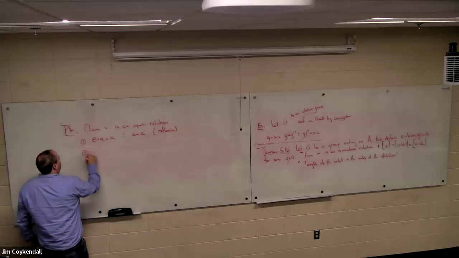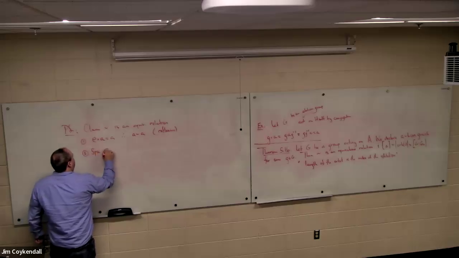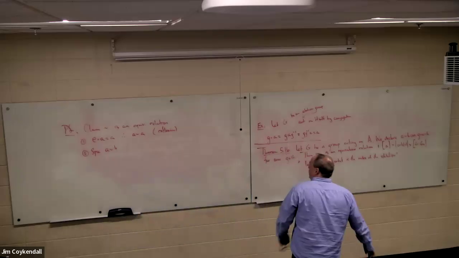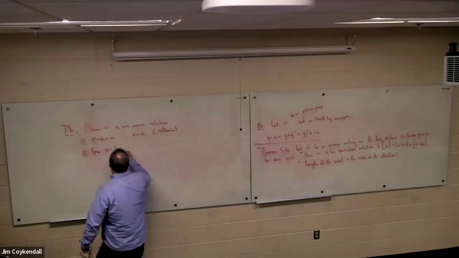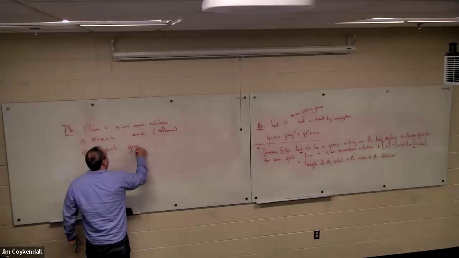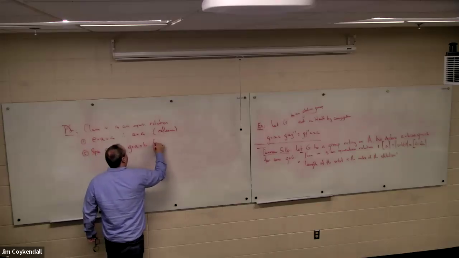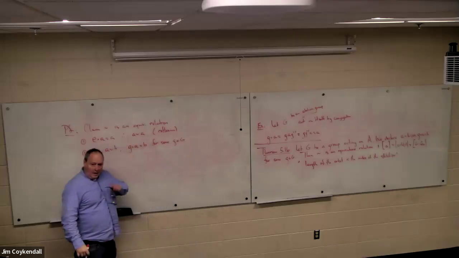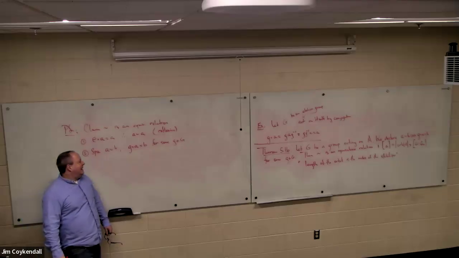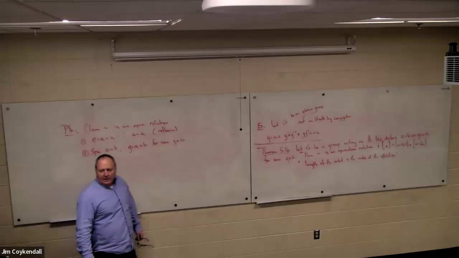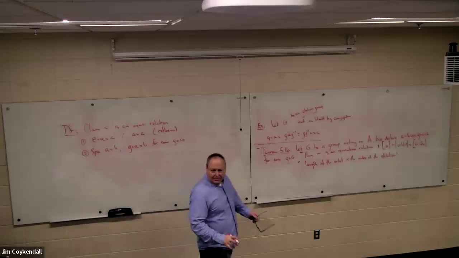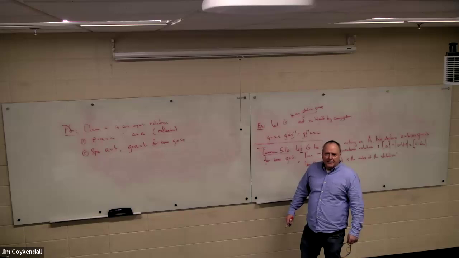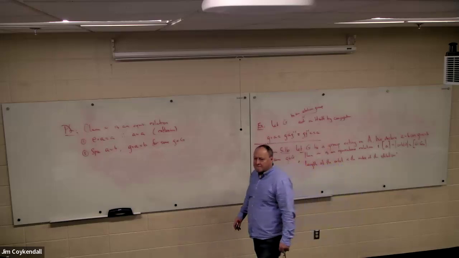Number two, suppose A is related to B. Let me check which way I did this one. Okay, so that means that g acting on A is B for some g in G. Great. Now, I want to get the turnabout. I want to get that B is equivalent to A. So how do I do that? The inverse for g.